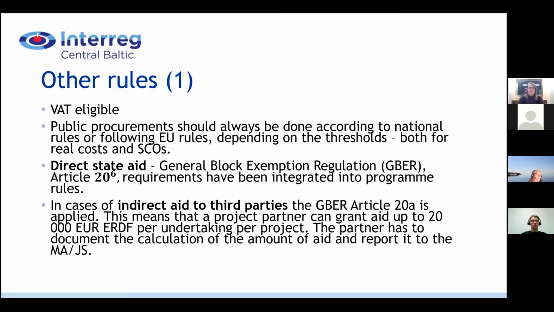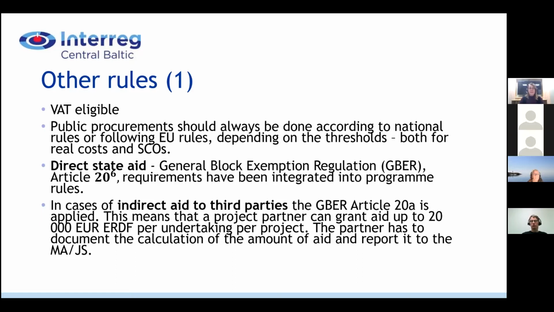Then some projects may have state aid. Here we have written how the program will treat state aid, and the general idea will be to use the general block exemption, and that is pretty much already integrated in the program, so the partners would not have to do any additional procedures regarding that.